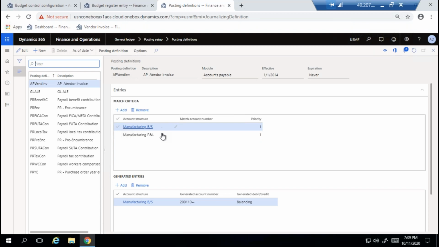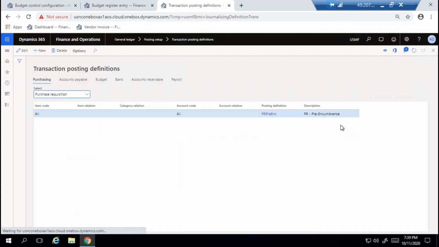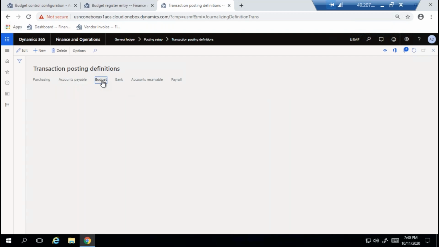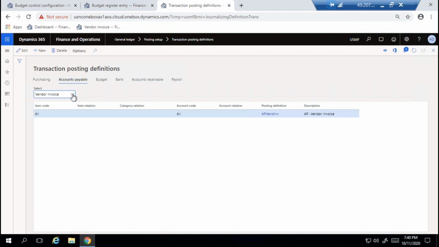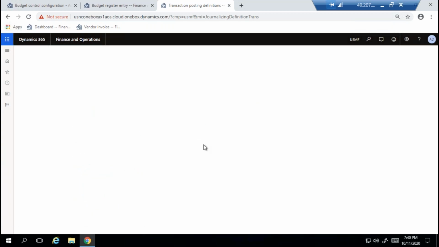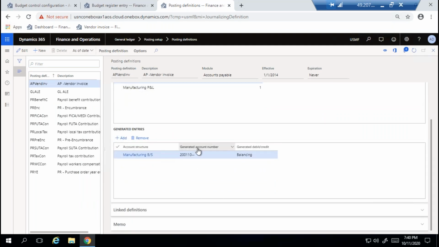The ledger accounts will be hit from here. This is a posting definition form, and based on the posting definitions, the ledger accounts will be calculated from here. This is the ledger account. In this, you will have the setups for the ledger accounts.